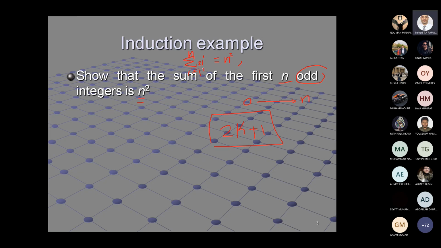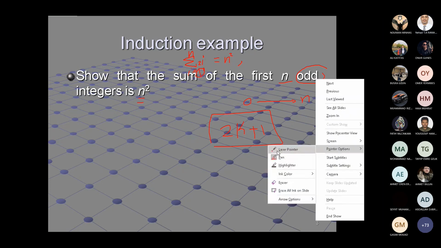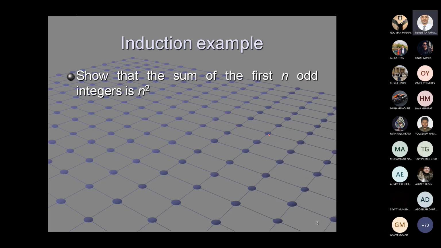But here we take the numbers from 1. When we start from 1, we take this one as 2k minus 1. This is also a general form for the odd, from 1, because we speak about the first n odd integers.